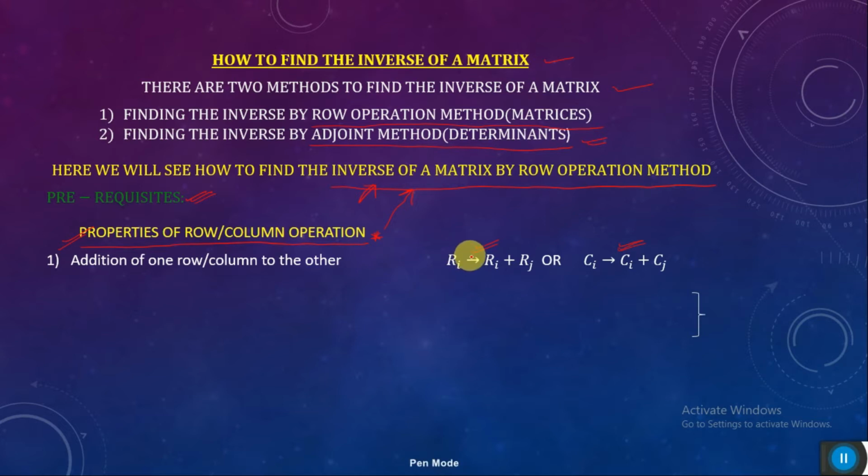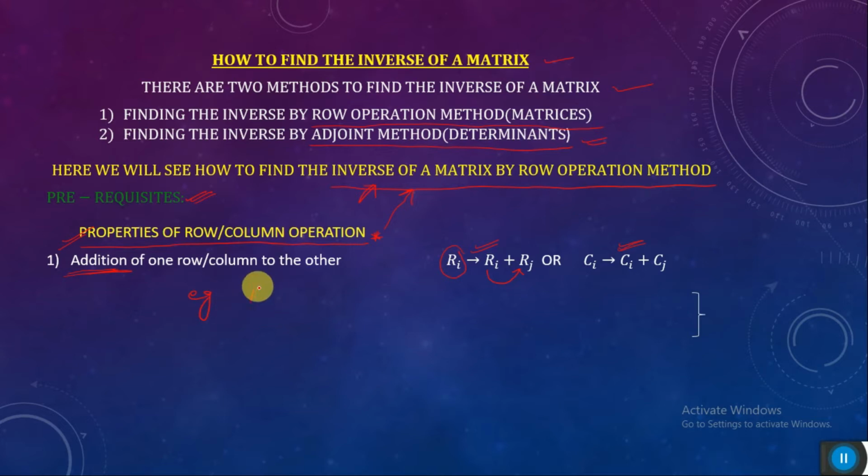Now the first is addition. We add two rows. You can see this is the row where the operation is applied, and to this row another row has been added. Let's see an example on this.